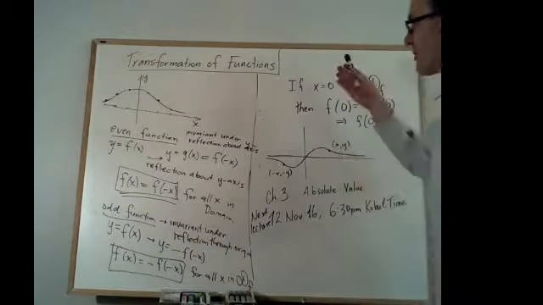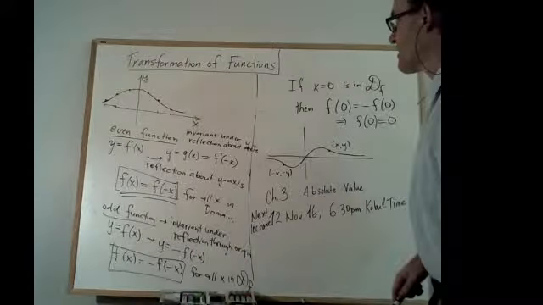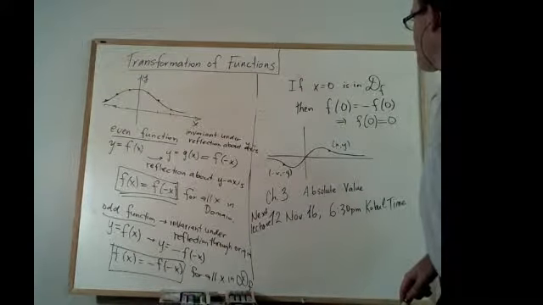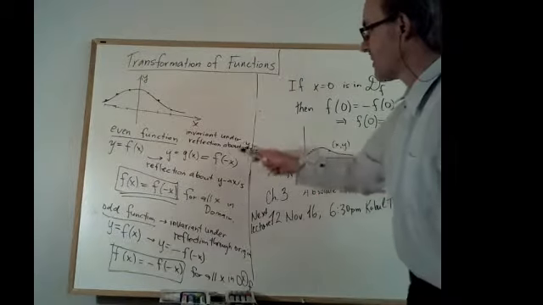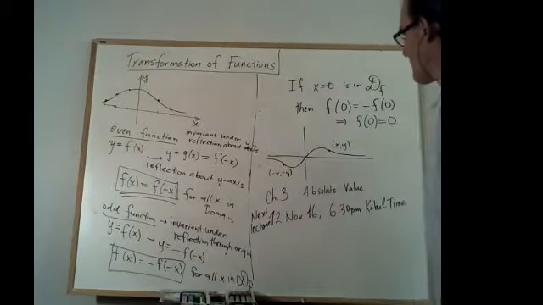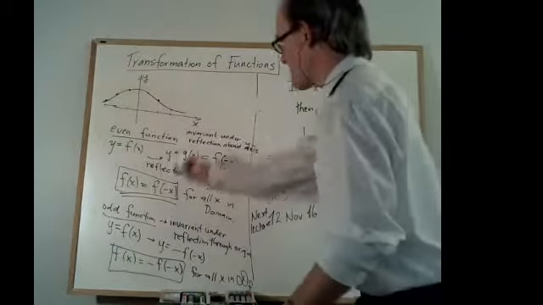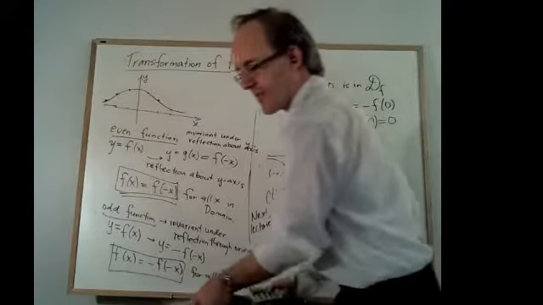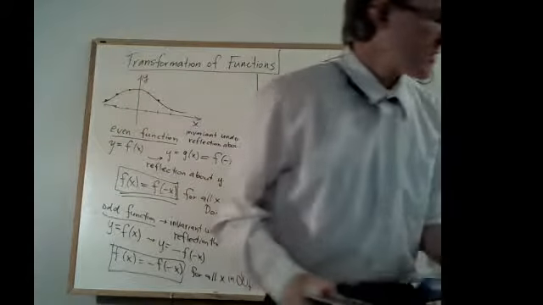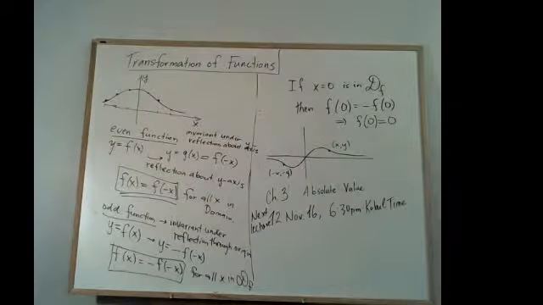So last time we were looking at transformations of functions. I was looking at whether functions were even or odd. And yeah, I just gave the definition without any examples. So let me illustrate some examples of even and odd functions.